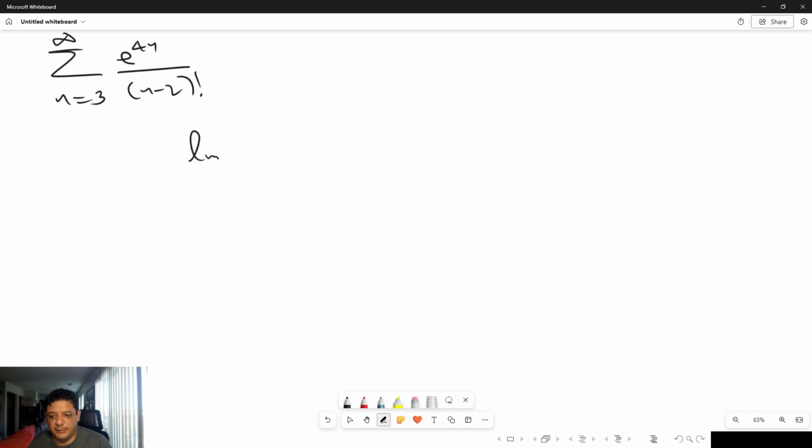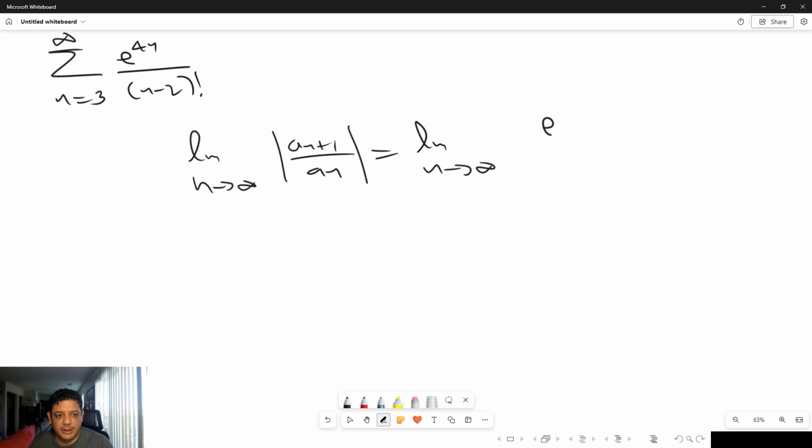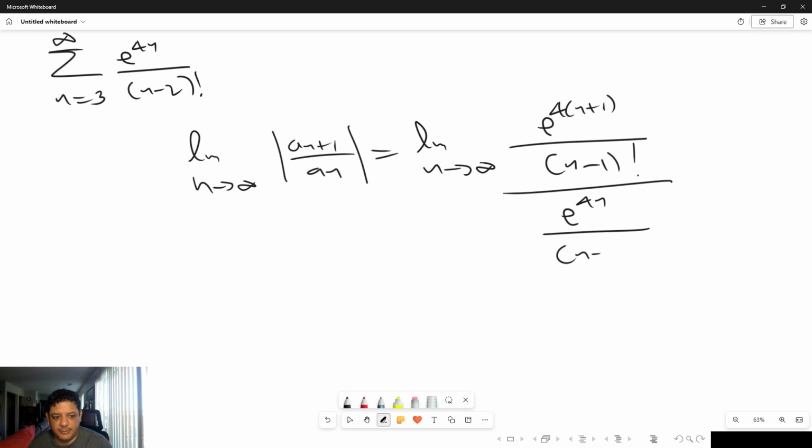But let's see what happens when we take the limit of the absolute value of a_(n+1) over a_n. So this is the limit when n goes to infinity of e to the 4(n+1) over (n+1) minus 2, so (n minus 1) factorial, over e to the 4n over (n minus 2) factorial. Then again, we can flip this out.